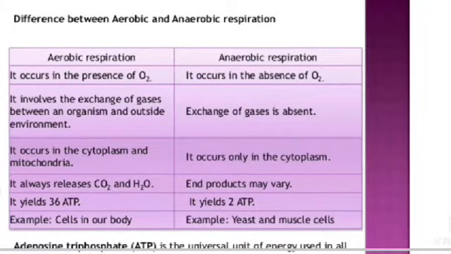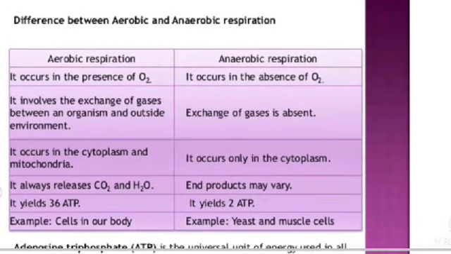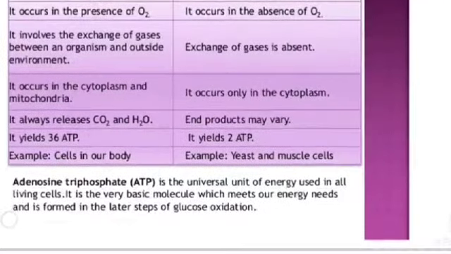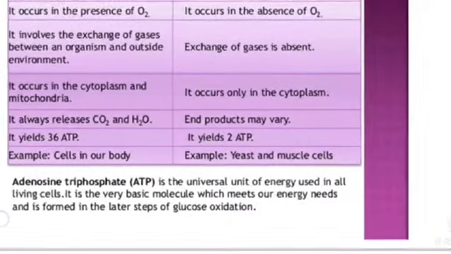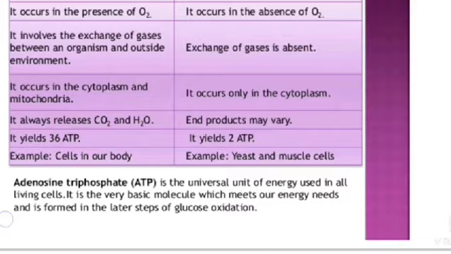Aerobic respiration involves the exchanging of gases between an organism and the outside environment. In anaerobic respiration, exchanging of gases is absent. Aerobic respiration occurs in the cytoplasm and mitochondria. Anaerobic respiration occurs only in the cytoplasm.